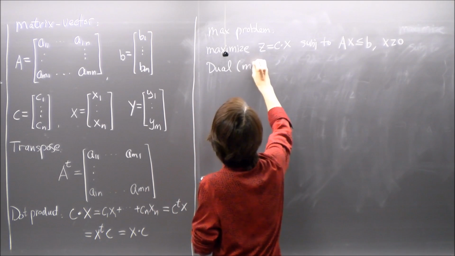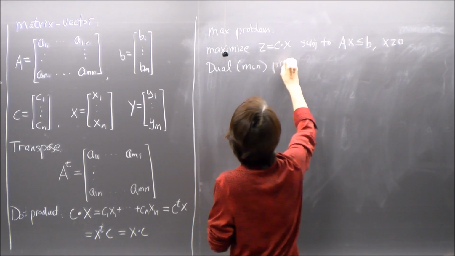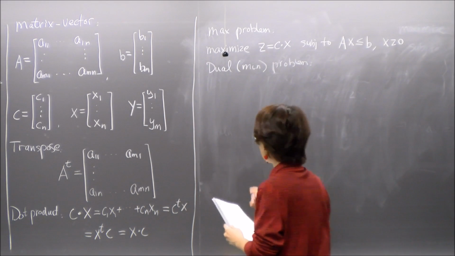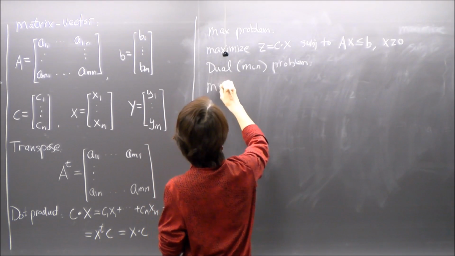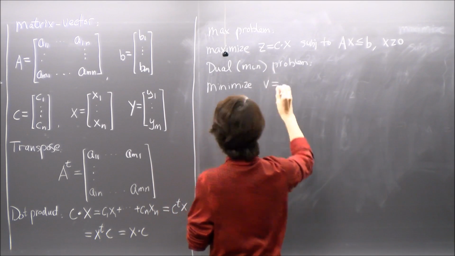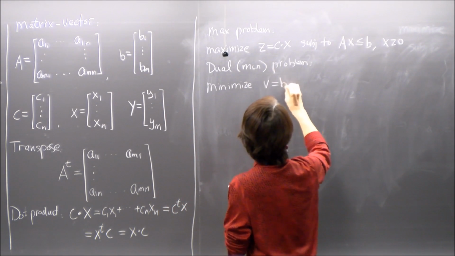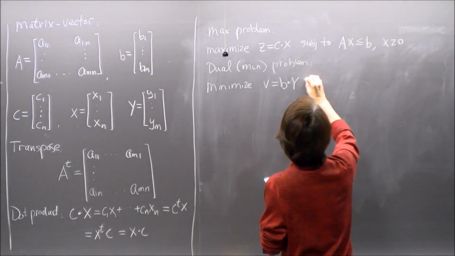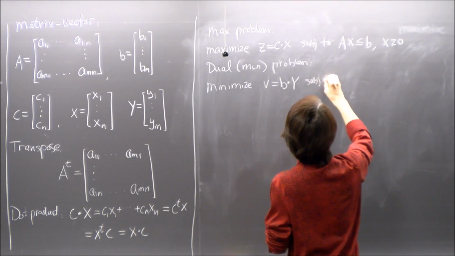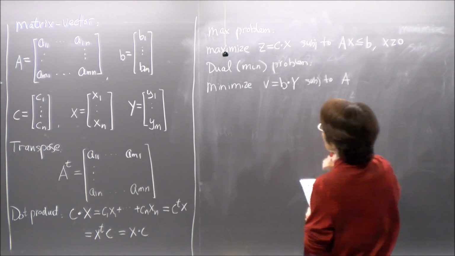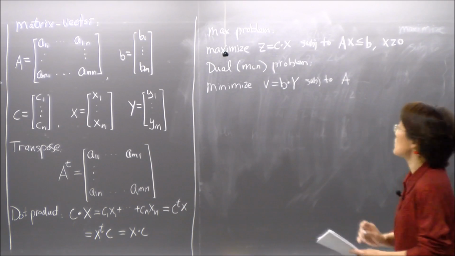which I know is actually a min problem. So minimize, let's call it V equals, now I will dot B with Y, subject to A. Now the coefficient matrix, you see it's transposed.